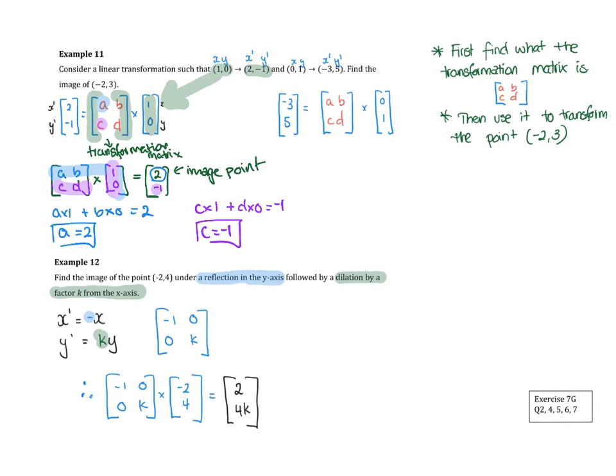So if you do the first one, run and dive, that would have been A times 0 plus B times 1 equals -3. So we've just got it here, we could put it there, it doesn't matter. So this was the original point, it got times by this transformation matrix, and it gave us the image.